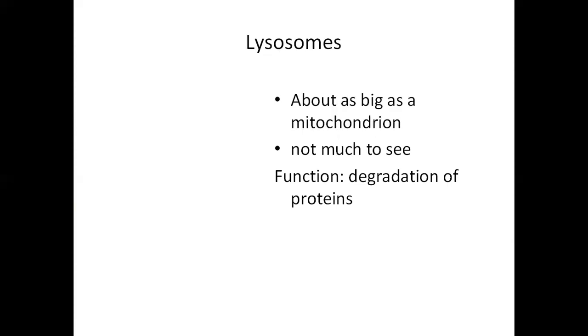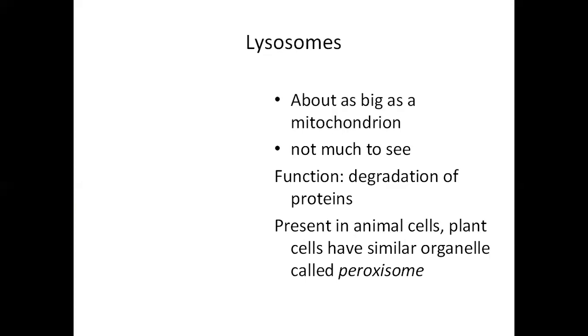Because they function in degradation of proteins, the number of lysosomes in a cell will vary considerably. I should also point out that plant cells contain a similar functioning organelle referred to as the peroxisome. The lysosome uses enzymes to degrade proteins, whereas the peroxisome uses hydrogen peroxides.